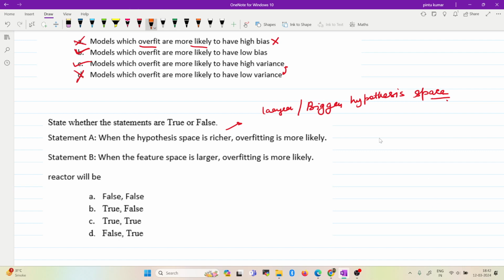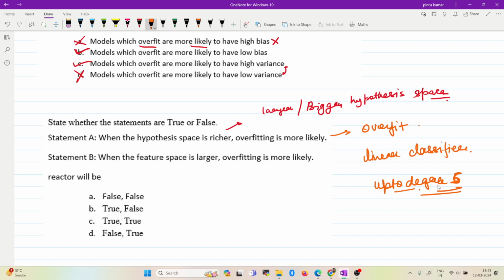So when are you likely to overfit? Let's say you are searching over linear classifiers, or you are searching for a classifier up to degree 5. Can you please answer this question? When are you likely to overfit? Degree 5, sir. Up to degree 5, right?